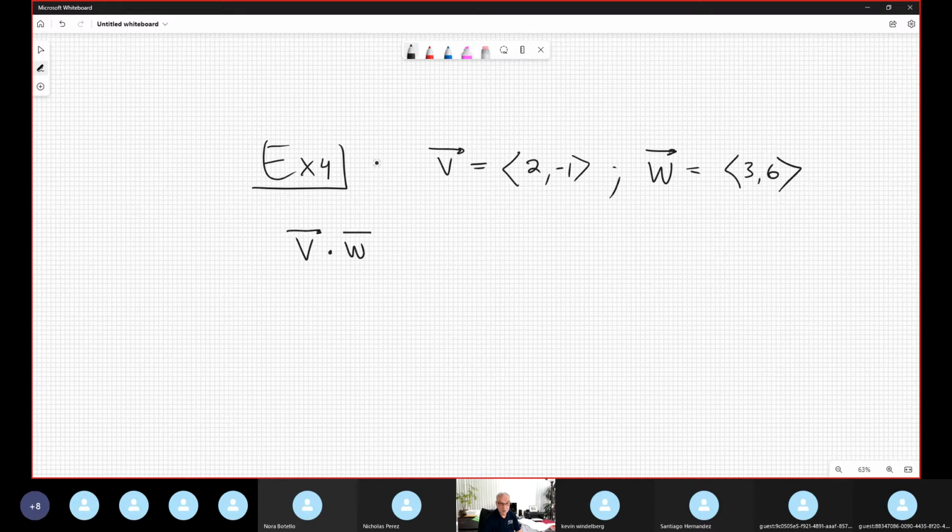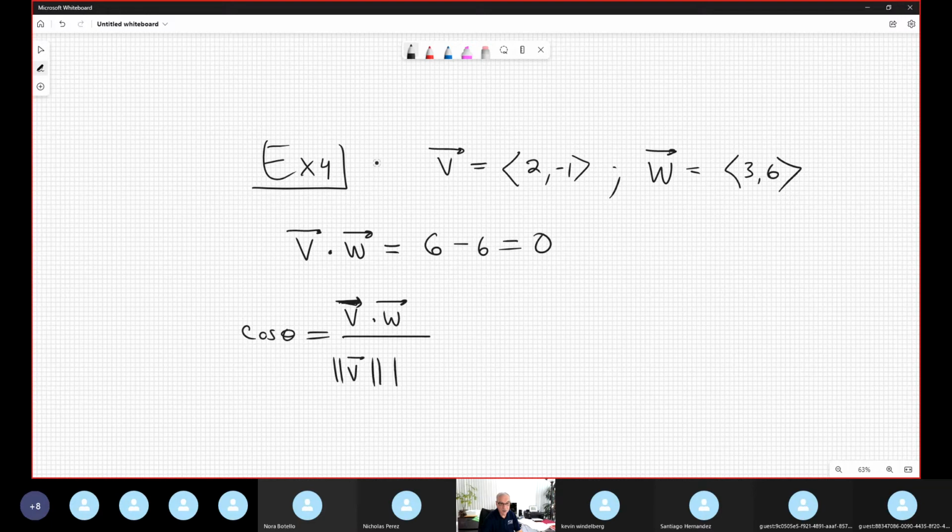Multiplication: 2 times 3 is 6, and negative 1 times positive 6 is negative 6, and the answer is 0. Wow, the dot product is 0. What does that mean? The dot product is equal to 0. According to the formula, look, cosine theta is equal to B dot W divided by the magnitude of B multiplied by the magnitude of W.